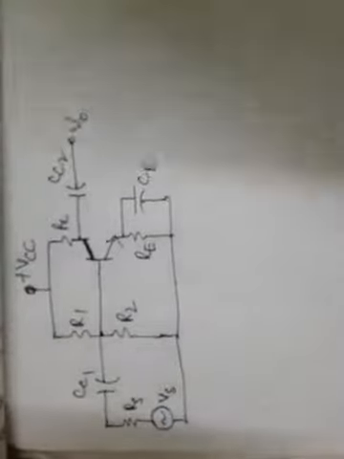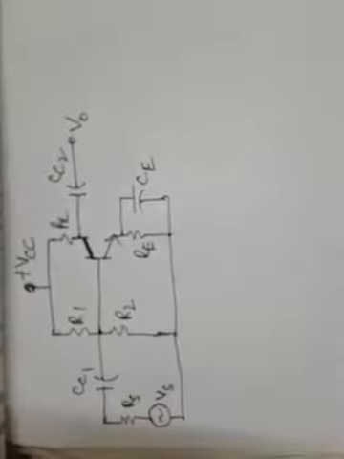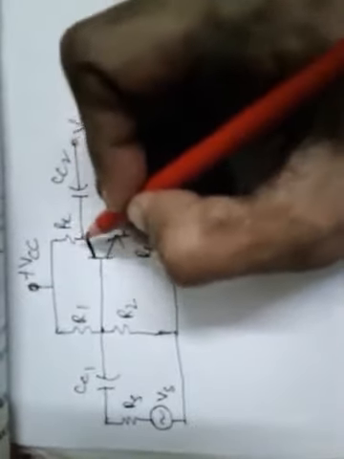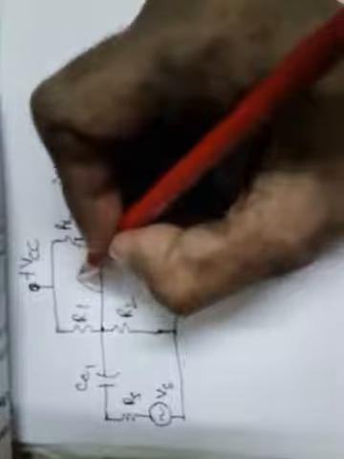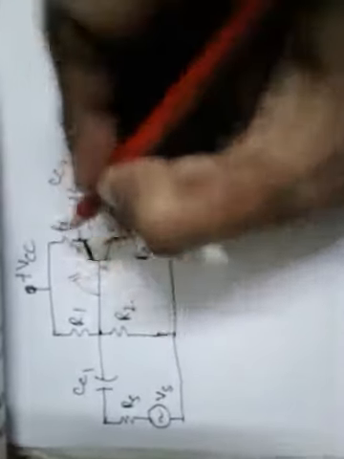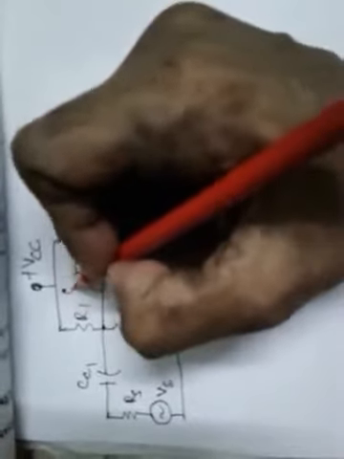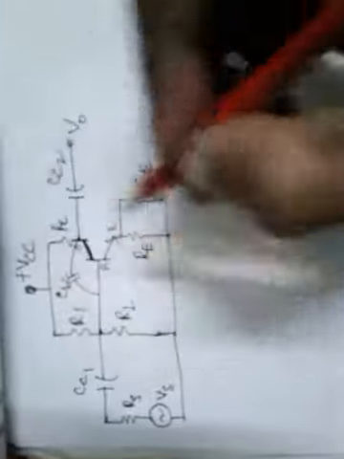So this is all about the basic circuit, and now let us see how the junction capacitances can be shown in this diagram. This is the collector, this is the base, and this is the emitter. Between the collector and the base, let this capacitor be shown like this, denoted by CBC, the capacitor between base and collector.